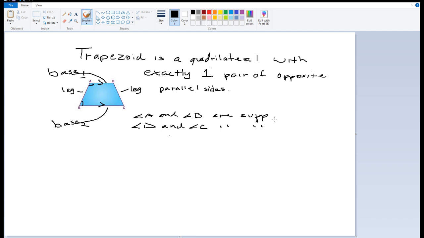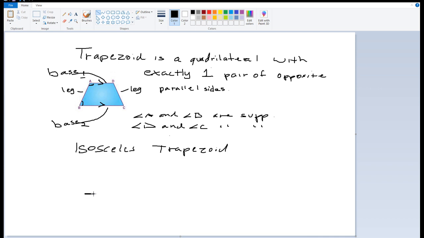When we analyze what an isosceles trapezoid is, let's see if we can copy this trapezoid up here. Let's just make a new one.